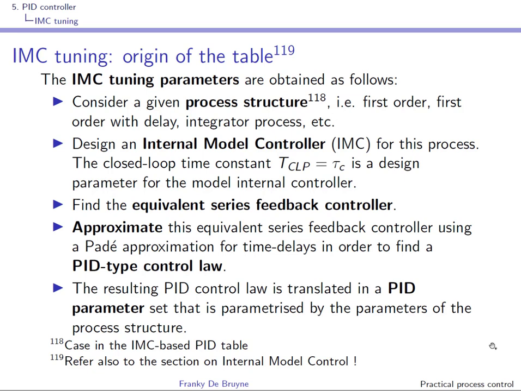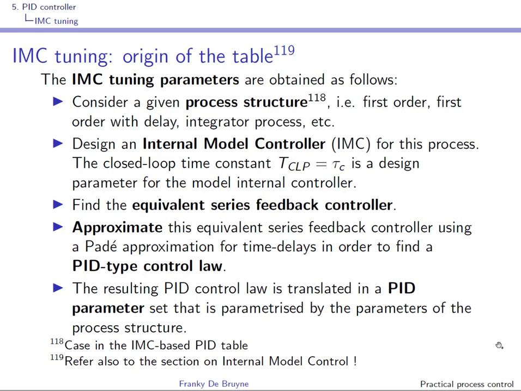They have considered different process structures, the process structures corresponding to the cases in the table, and for each of these process structures they have designed an internal model controller or IMC controller imposing a closed loop time constant TCLP or tau c. We will look at this internal model controller strategy at the end of this course.